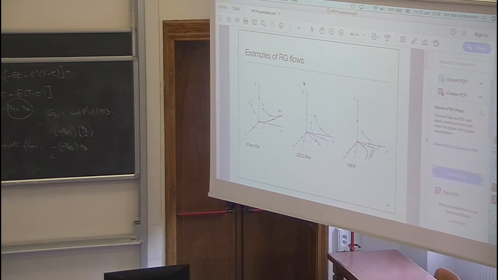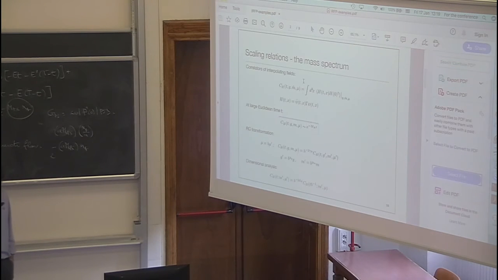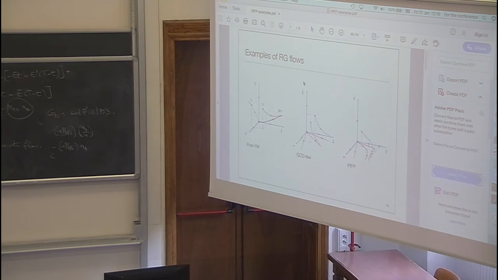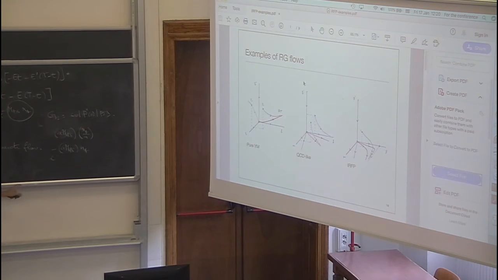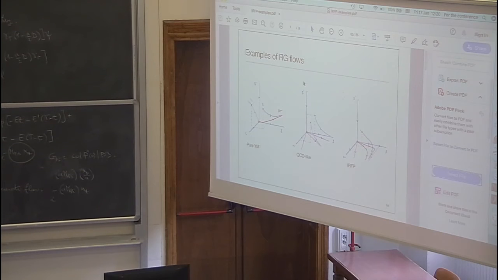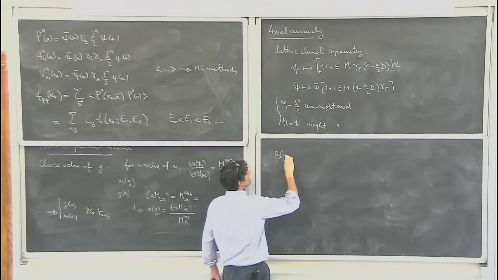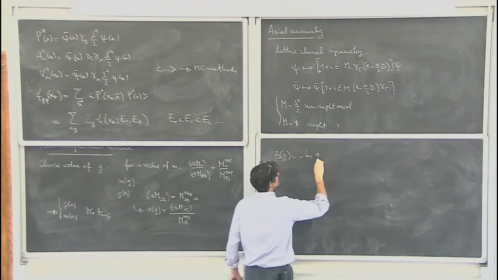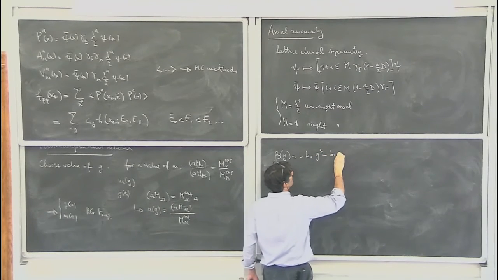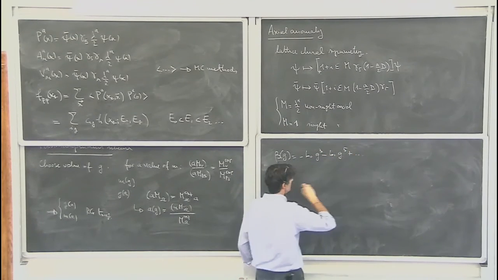If you take QCD, and you look at the coefficients of the beta function, beta of g is minus b0 g cubed minus b1 g^5 plus higher orders.